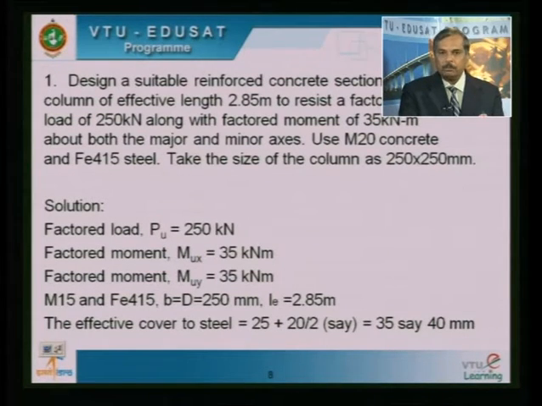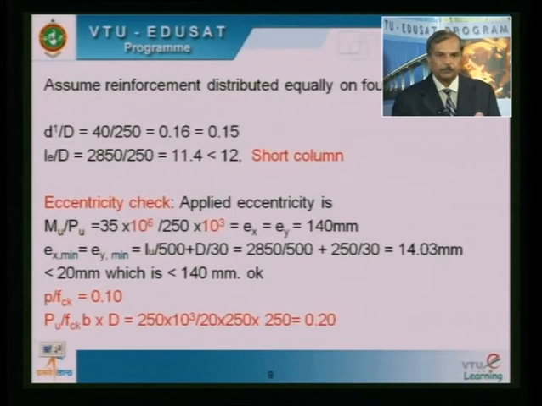That is why I have started with 25 mm clear cover, because the size of the column is 250, plus half the diameter of the bar, assuming 20 mm dia, it is roughly 35 mm. So that has been increased to 40 mm.